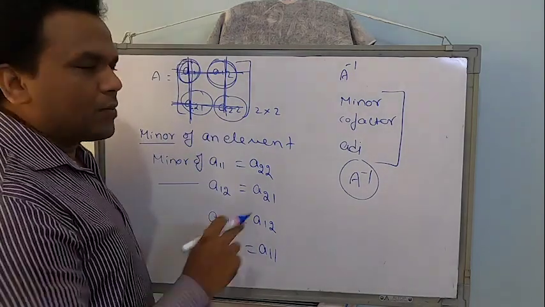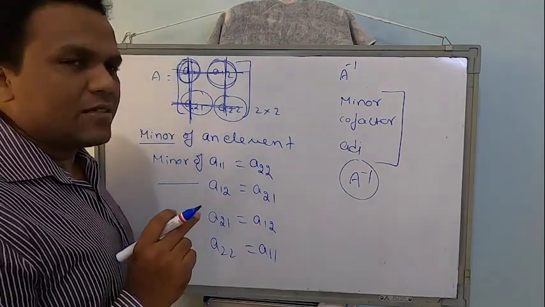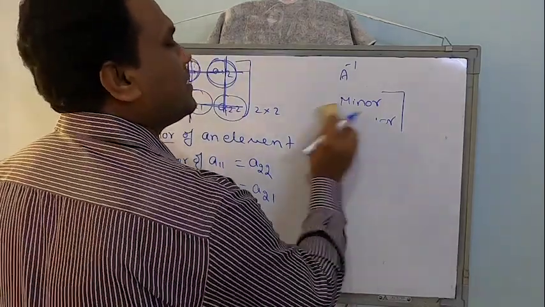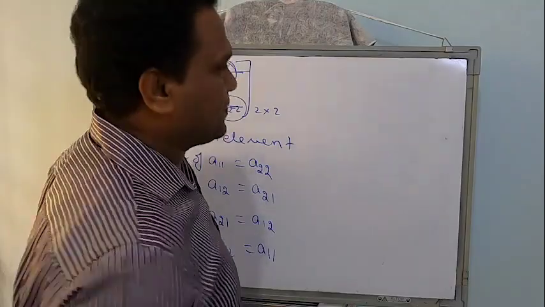So that is how to obtain the minor of each element of a given square matrix. So what is the definition exactly? It's been given here.